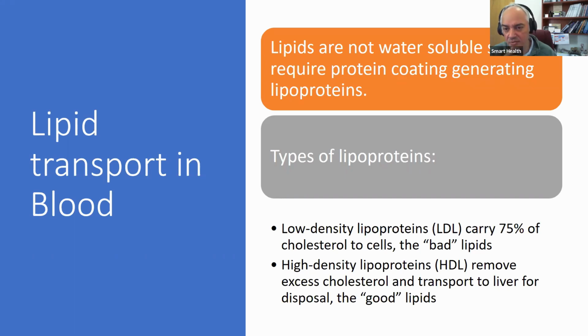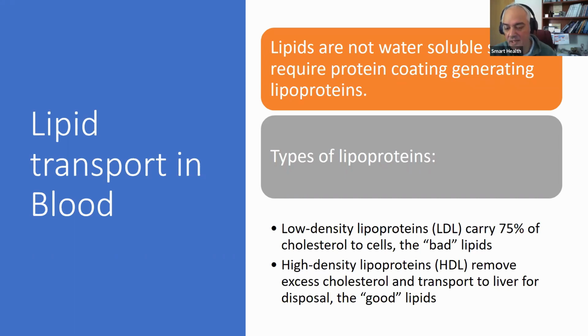First of all, lipids are not water soluble, so they are not miscible with water. And of course, blood, where the lipids are circulating, is mainly water. So the only way for lipids to be present in blood is by being coated with proteins. We call these lipoproteins, meaning lipids and proteins together. And that's exactly what LDL is: lipoproteins with low density, meaning they have low amounts of proteins.